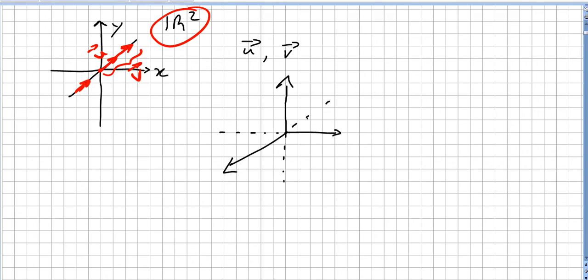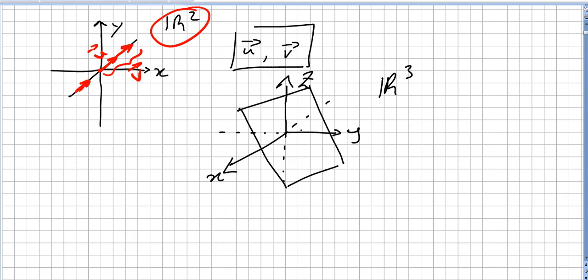So from the geometric point of view, what about R3? Let us say we have x here, y and z. When are vectors linearly dependent? Let us say we have a plane alpha and that plane crosses the origin.